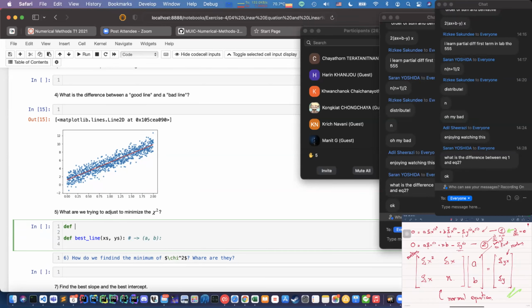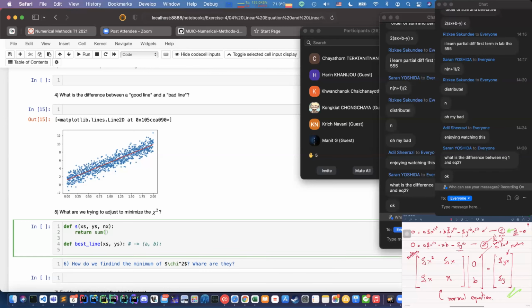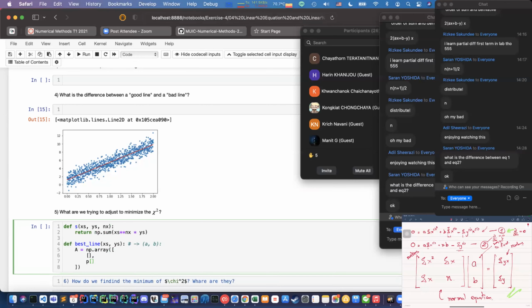Easier if you compute function S. Let's do this.